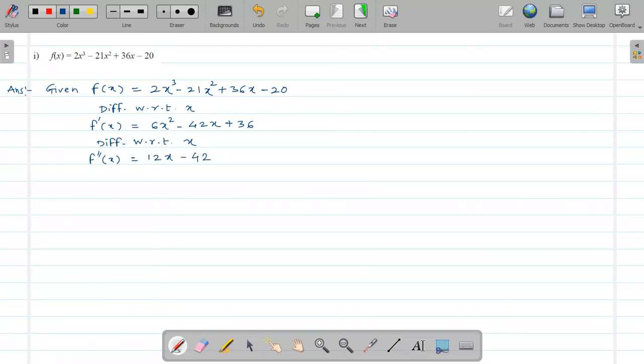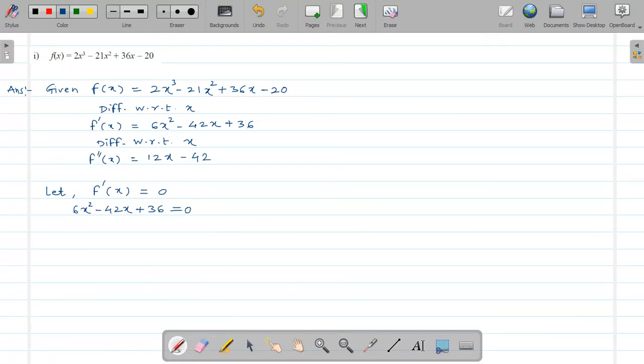Now the first order derivative and second order derivative are completed. Now as per the second order derivative test, first of all we have to consider f dash of x is equal to 0. Okay, so let us see now. We get 6x square minus 42x plus 36 is equal to 0.